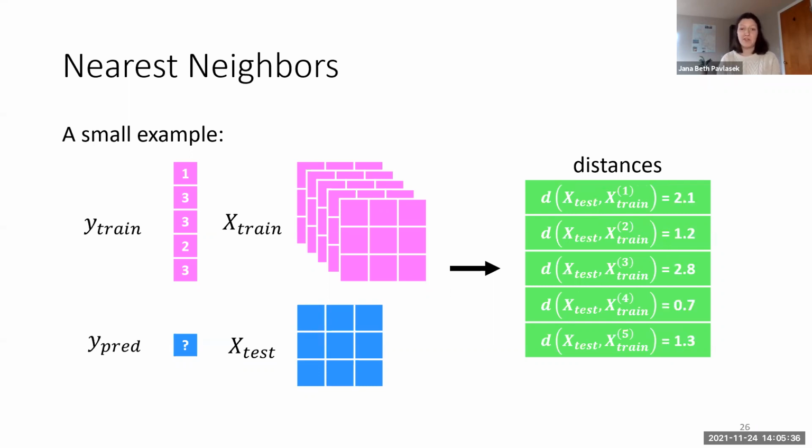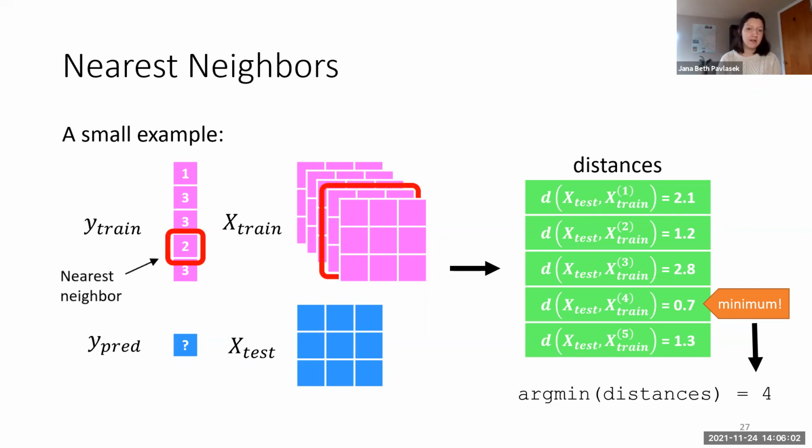So I went ahead and filled in a couple of different possible distance values here. The minimum value here is going to be 0.07, and that minimum value corresponds to image number 4. So if we use our argmin function over our distances, it's going to say number 4 is the closest image to X test.